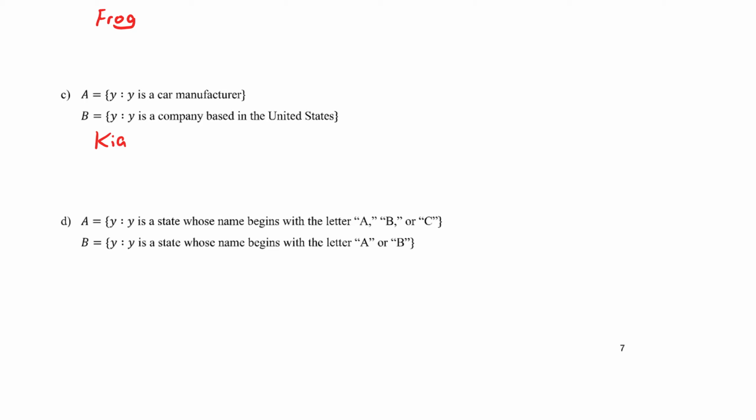And then we need one whose name does not start with A or B in our second set. So again, we have a few options here. I'm going with California. California is a state whose name starts with C, and then since it starts with C, it does not start with A or B, so it falls in the first set, but not in the second set.